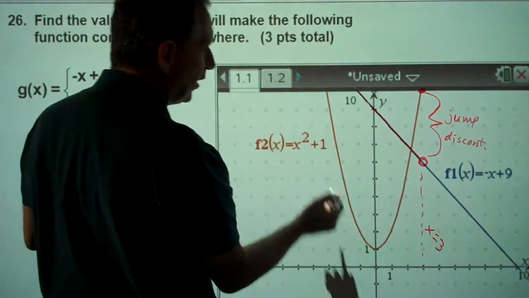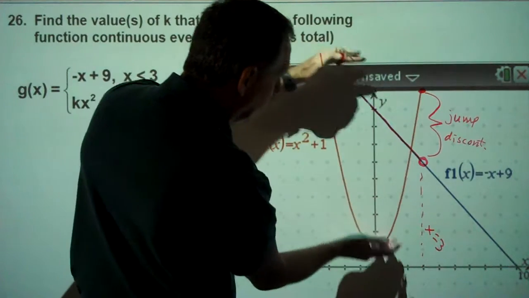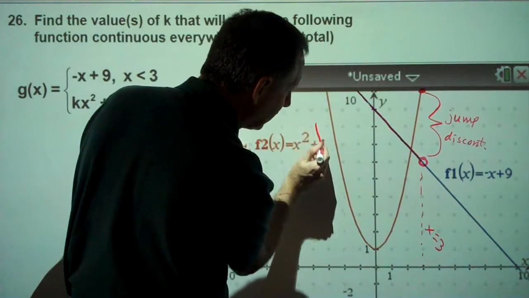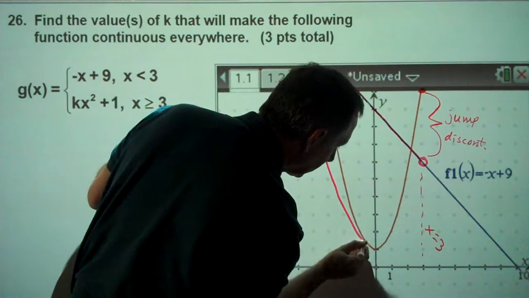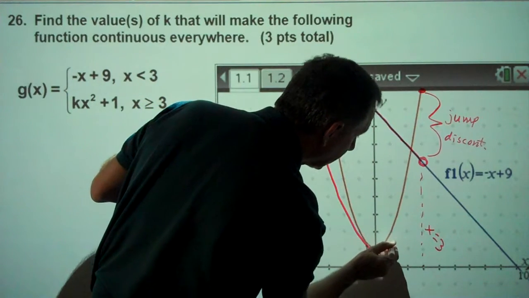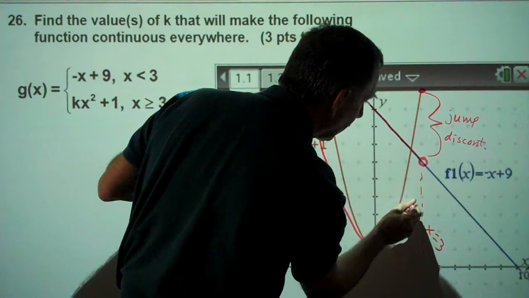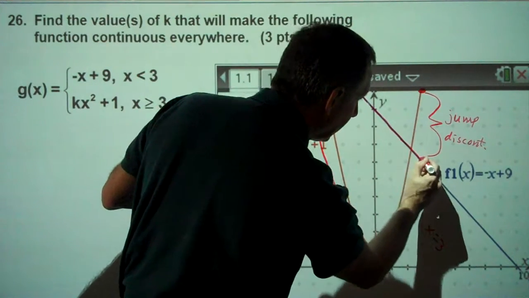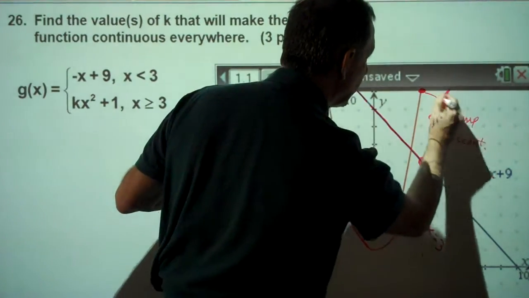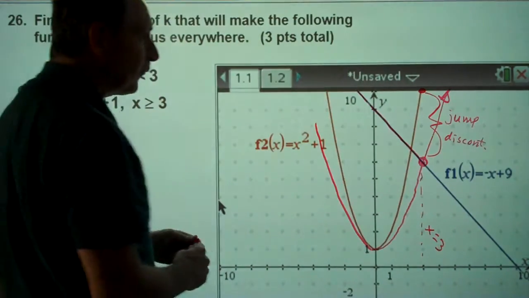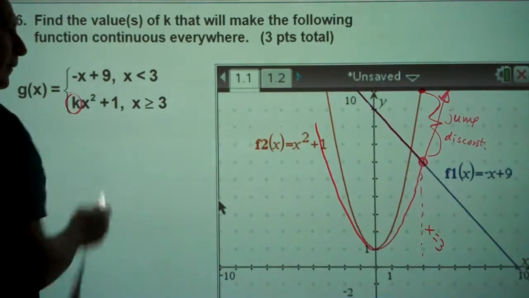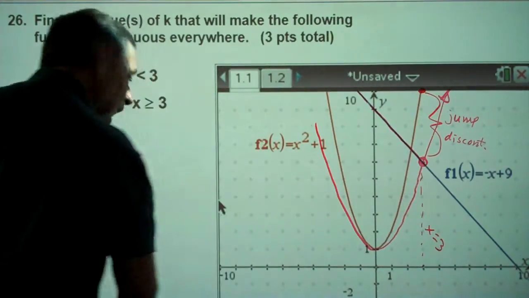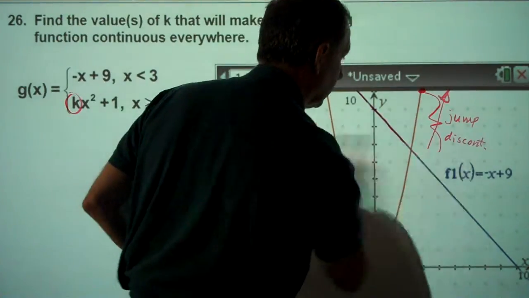And for no discontinuity to occur, we're going to have to compress this parabola down to something like this, where the parabola, instead of going up before x equals 3, will just join up right here and then proceed in this upward direction. So that's what we're looking for, the value of k that will compress the parabola to come right down to here.